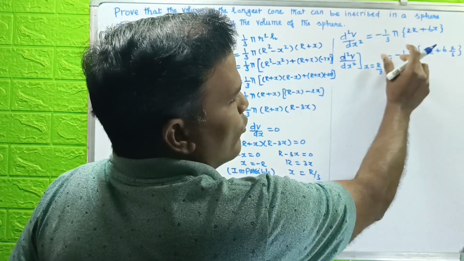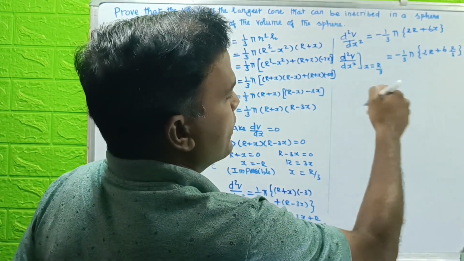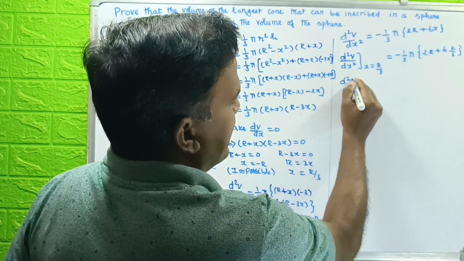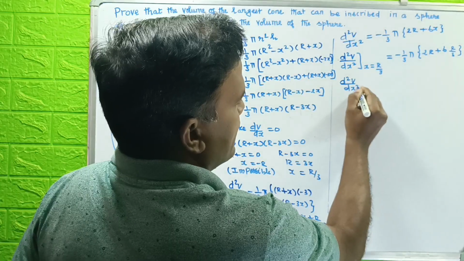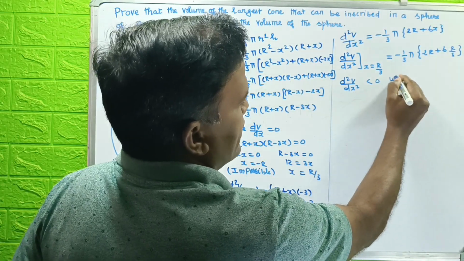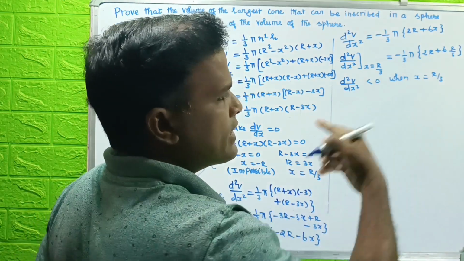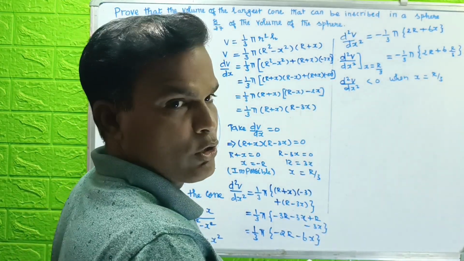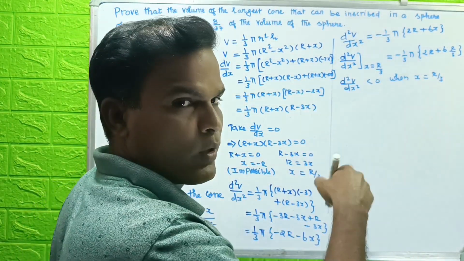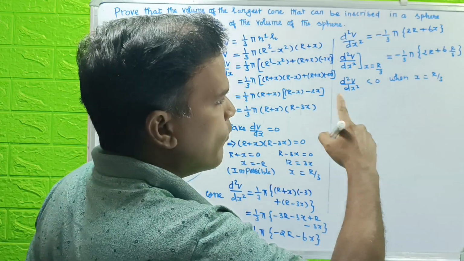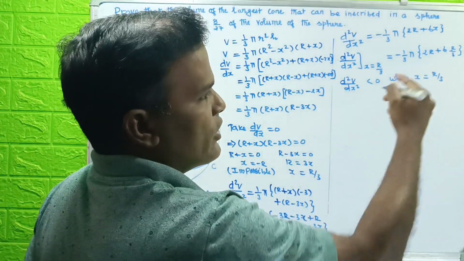So positive into negative is negative. So d square v by dx square is less than 0 when x is equal to r by 3. So at this critical point, the second derivative is less than 0. Here, what is the variable? V. What do you mean by V? V is the volume. So the volume is maximum when x is equal to r by 3.